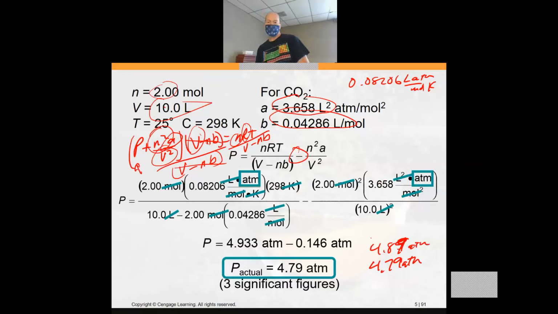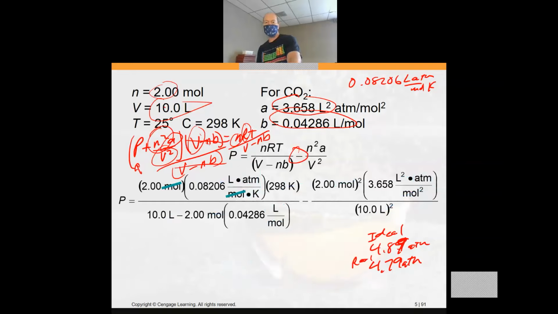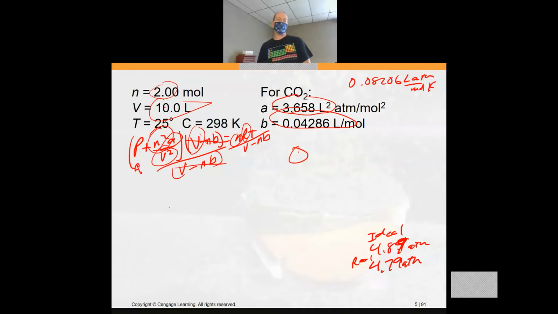All right, so this is ideal, and this is real. When we have our two numbers, we find the percent error, and that is actual minus theoretical divided by theoretical times 100.